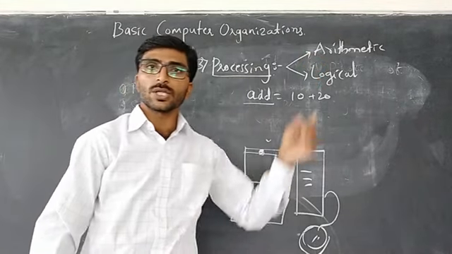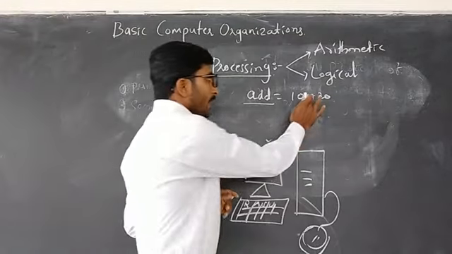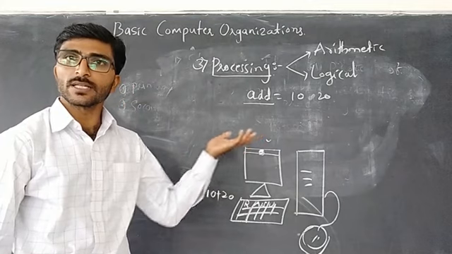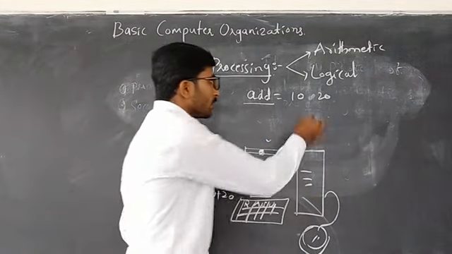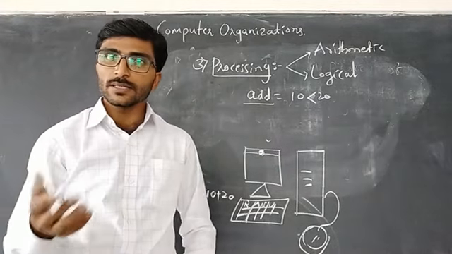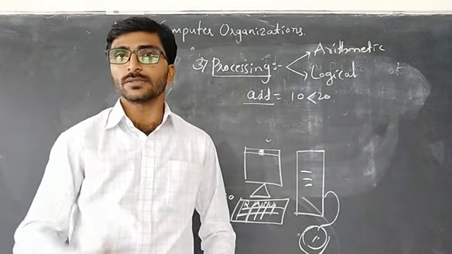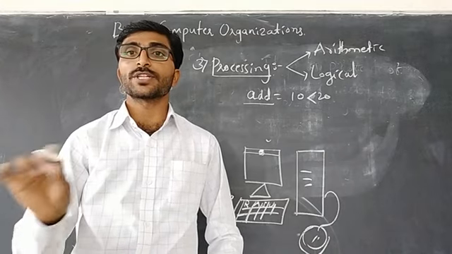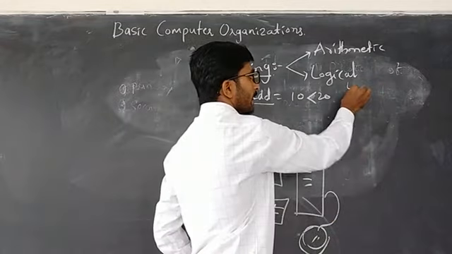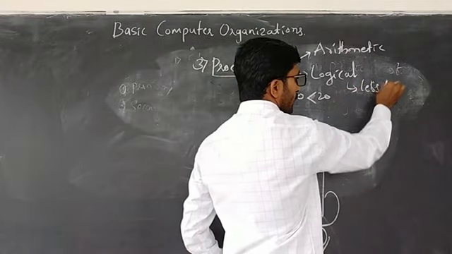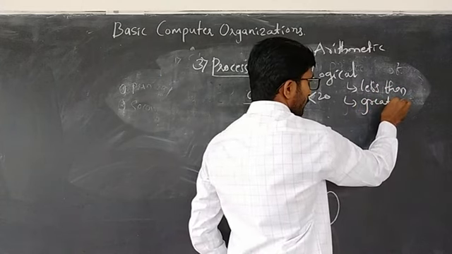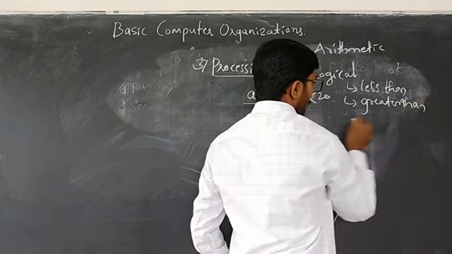After that, the logical operation is like this: I want to compare these two numbers. Which one is greater? Which one is smaller? Are they equal or not? Like 10 is less than 20. Less than means a comparison of two numbers. That is a comparison operation for these two numbers: less than, greater than, and equal.